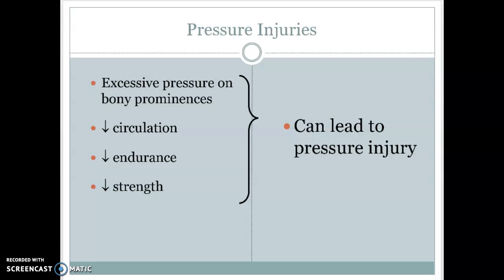Obviously you have pressure on, say, the sacrum in the supine position, so there's decreased circulation there. The reason for patients staying in one position too long is decreased endurance, decreased strength, and sometimes decreased cognition to realize that they need to change positions, and all of these can lead to a pressure injury.